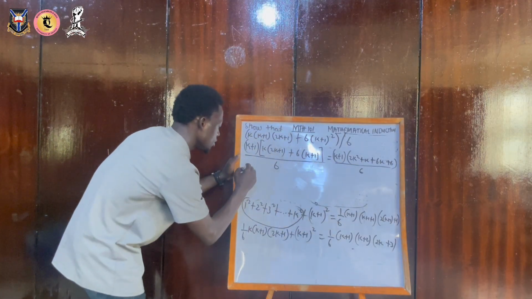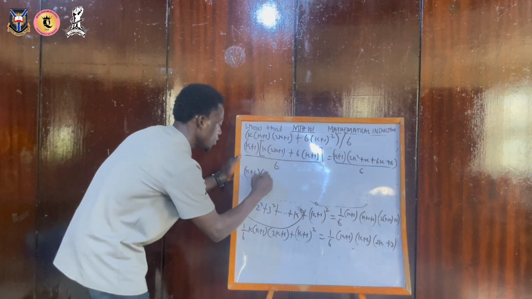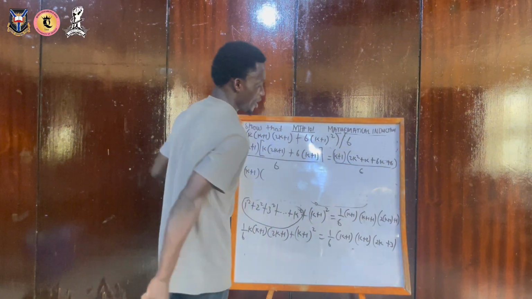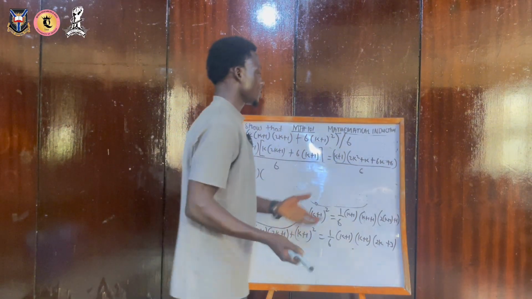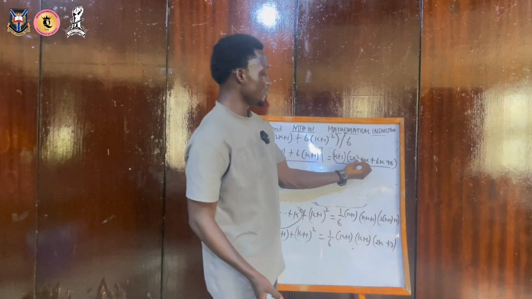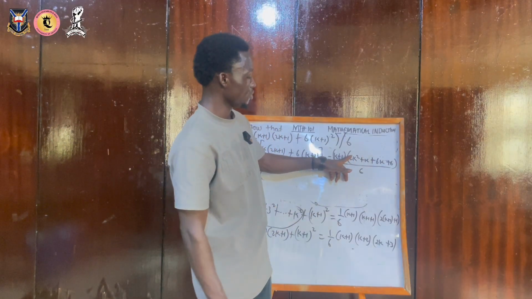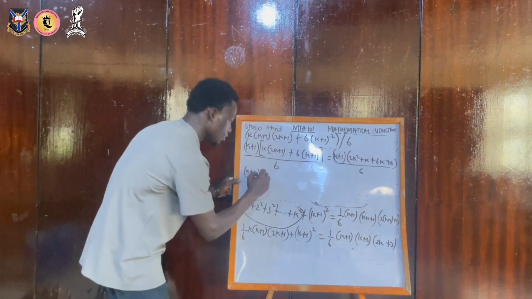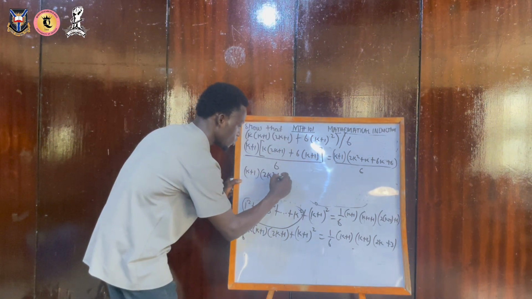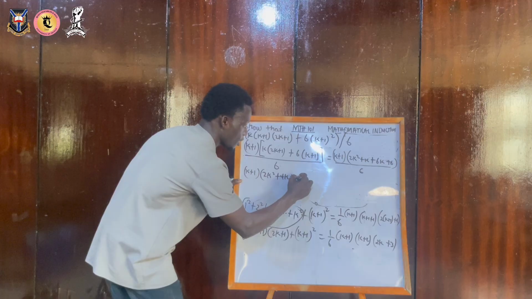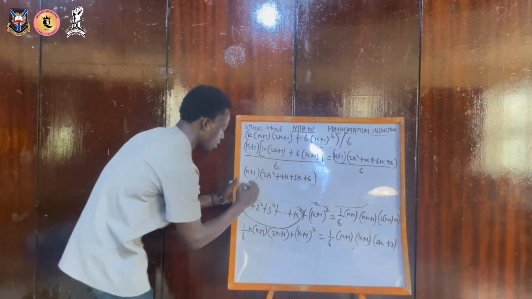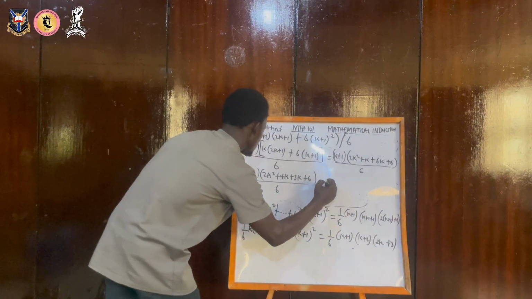Here you have (k+1) into 2k² plus k plus 6k, that will give you 7k. So let's factorize. What can you add that will give you 7, and if you multiply, you are going to get 12? 2 multiplied by 6 is 12. That's 4 and 3, right? So this gives you 2k² plus 4k plus 3k plus 6. 4k and 3k, you get your 7k back, over 6.